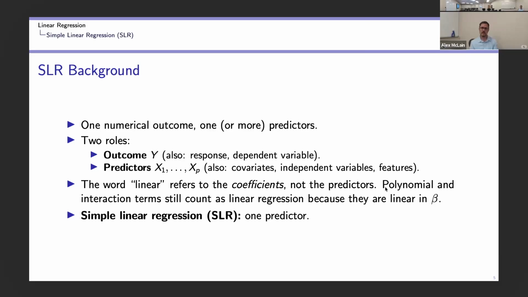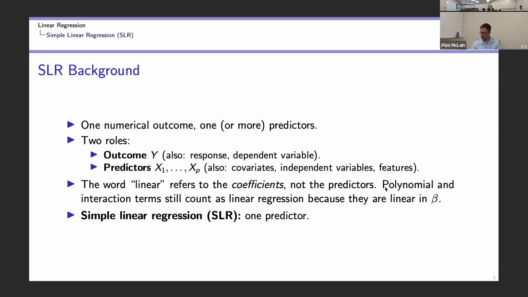We call this a linear regression because of the coefficients, not because of the predictors. The predictors can have nonlinear terms, but in terms of the coefficients, it's always going to be linear. We'll explain that when we talk about some of the nonlinear models.